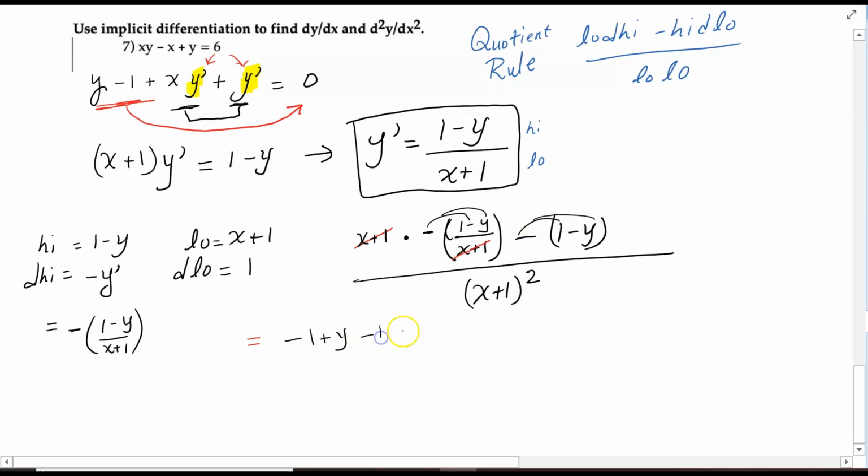A negative 1 plus y. That's not too bad, is it? Let's double check this real quick. It looks about accurate.